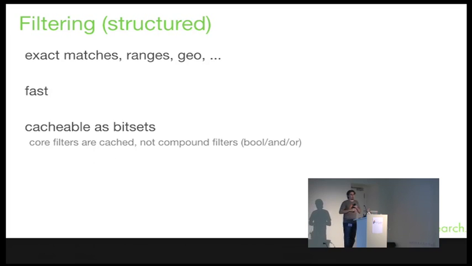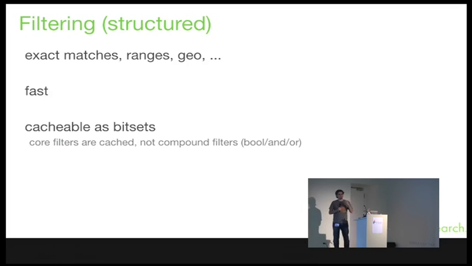And while a query will give you not only the documents that match, but also information how well the documents match, so for example, this document matches very well because it has the search term in the title and also in the body, filters will do none of those things. It will just limit the result set. And because they're much simpler, they're also much faster, and because of the underlying implementation, they're actually cacheable.